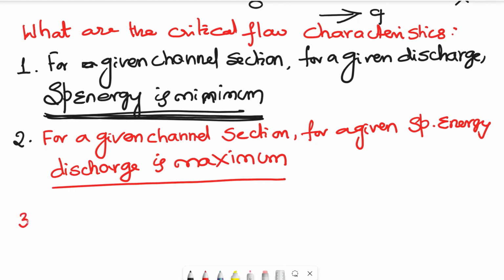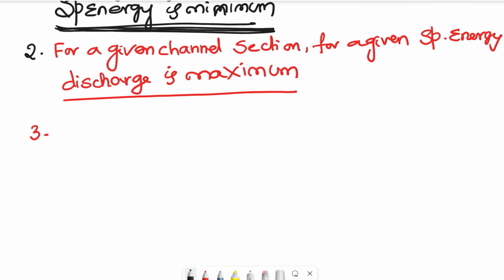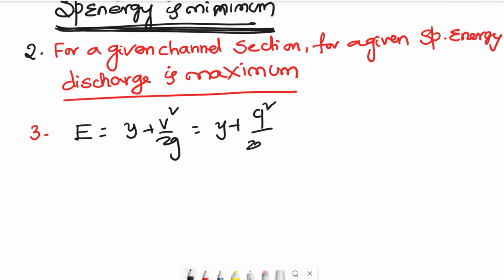That is the second condition. The third condition is, if I take the equation for specific energy, it is y plus v square by 2g, which is equal to y plus q square by 2g y square. So this is the third.